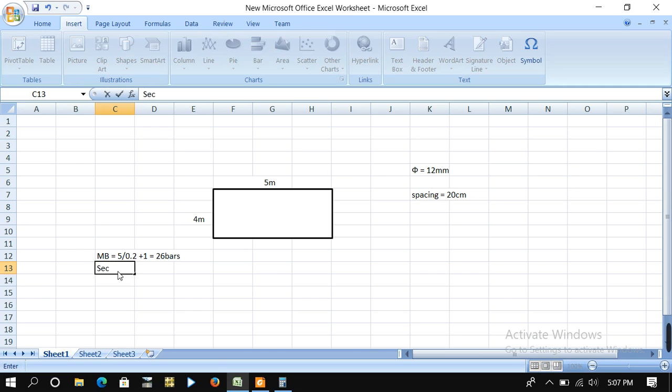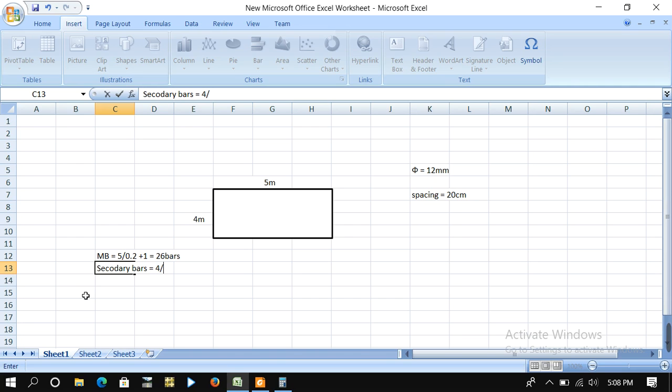To calculate the number of bars in the longer direction, we can use the formula: the shorter length divided by the spacing gives us the secondary bars. The shorter length, or the shorter dimension, is 4 meter. That's going to be divided by the spacing, which is 20 centimeter, that is 0.2 meters.